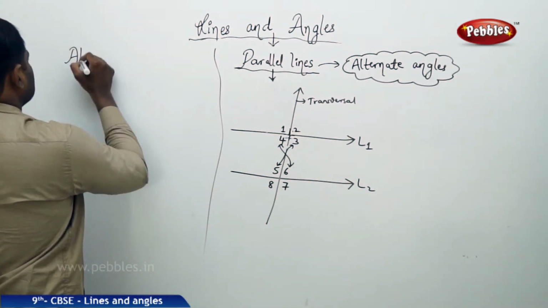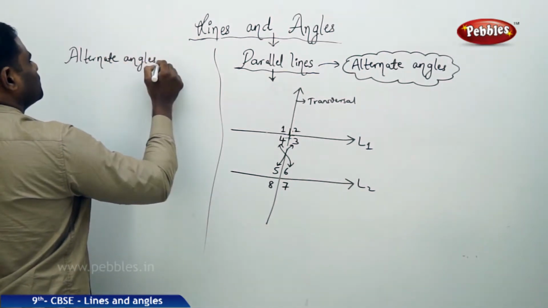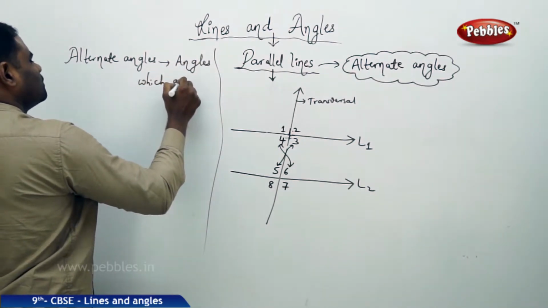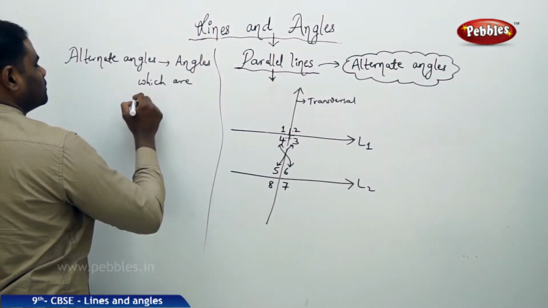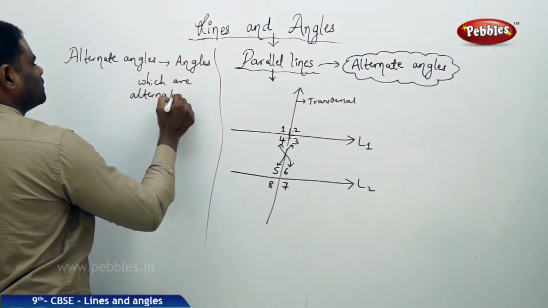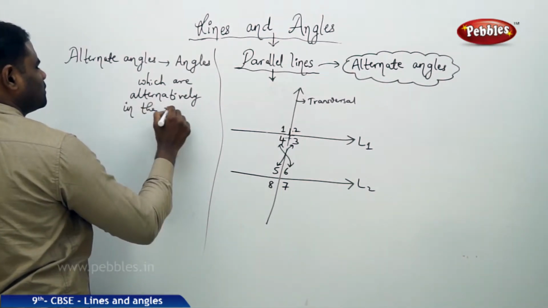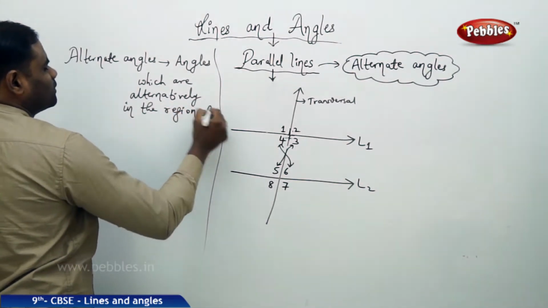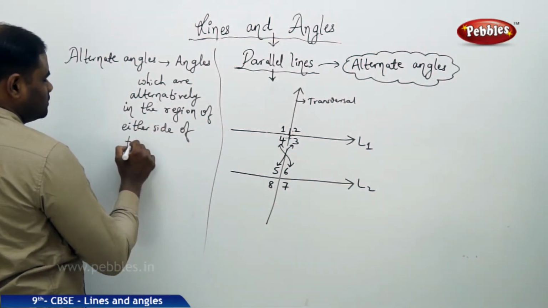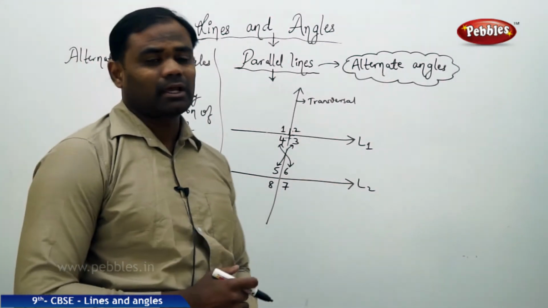Alternate angles are angles which lie alternately in the region on either side of the transversal, and that is what we define as alternate angles.